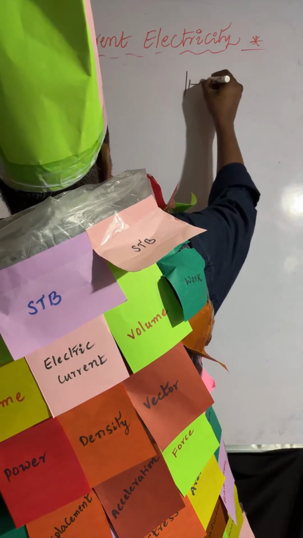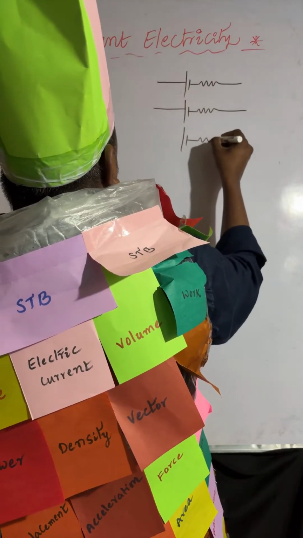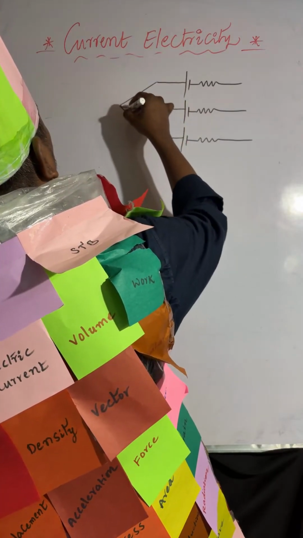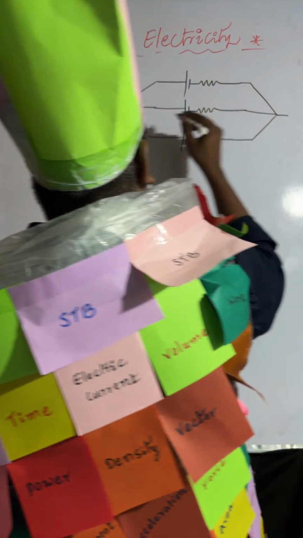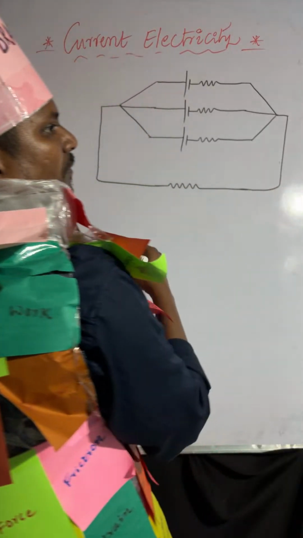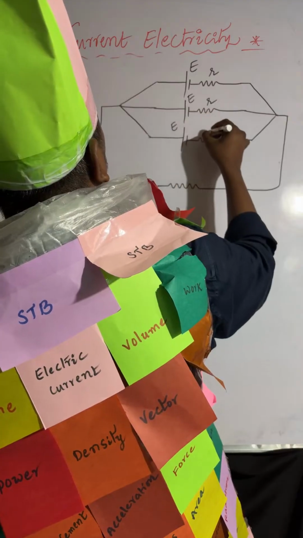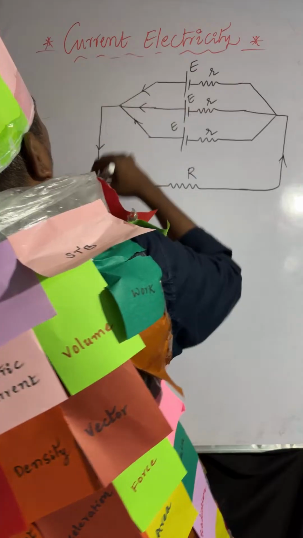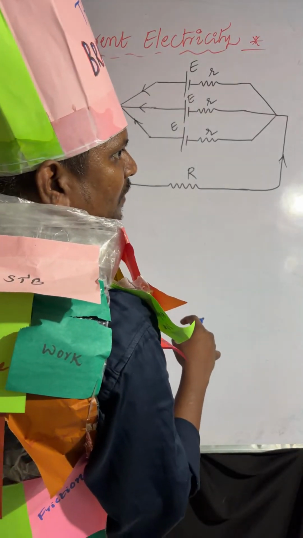Okay, so here you can take E and R, E and R, E and R and R. Now we can observe here.